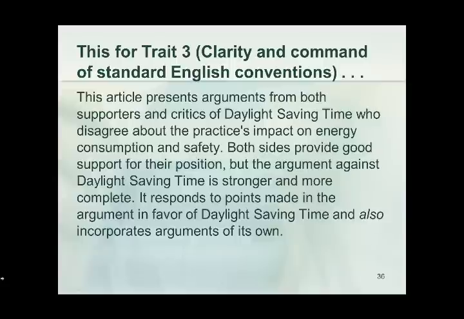Both sides provide good support for their position, but the argument against is stronger and more complete. Look at the way these sentences are done and how complex some of these sentences actually are in moving through the process. If we could only have our students write at this level, we would be so pleased, and I know all of you would be so pleased to see that.